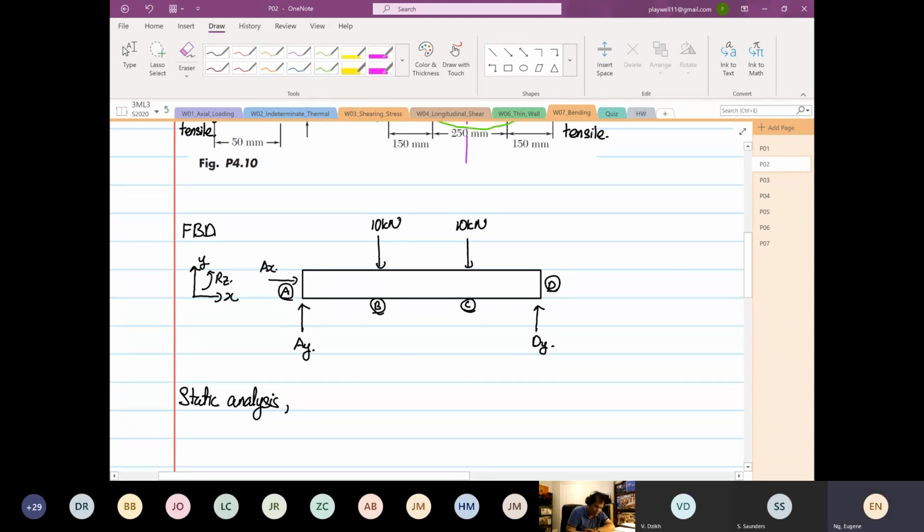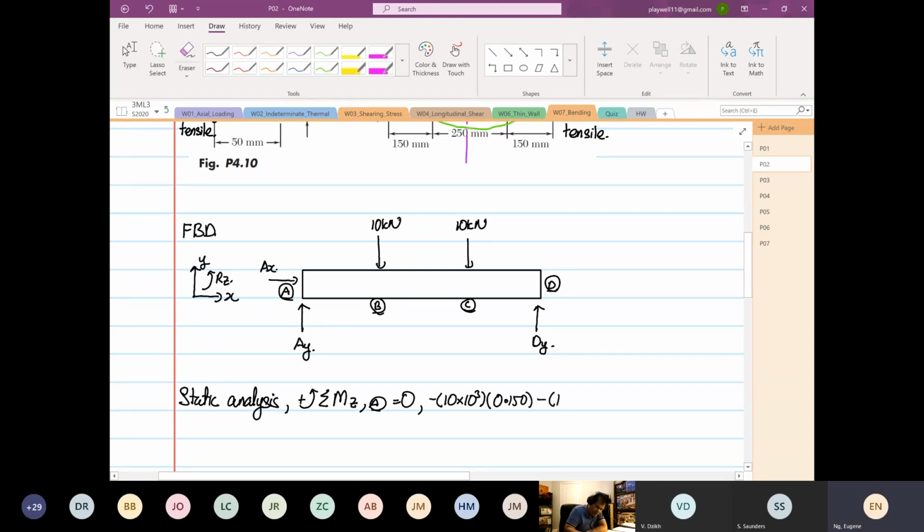Okay, so we are going to call the summation of moment Z at point A, and the whole thing will be equal to 0. So this will be equal to minus 10 times 10 to the power 3, and then you have a distance of 0.15.